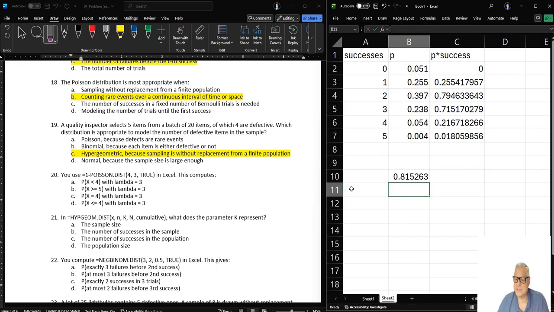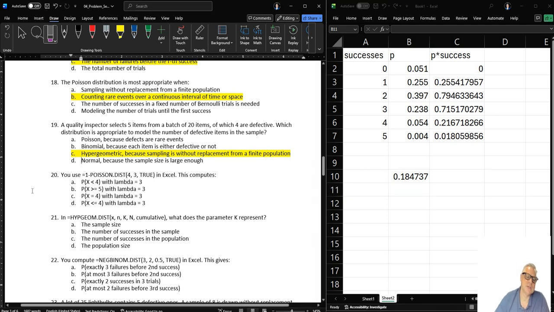So that gives us the probability that there's an 81% probability that we either observe 0 or 1 or 2 or 3 or 4 of these rare events when the mean is 3. So that means 1 minus Poisson, which is the 18 point something percent, but that's the probability that we observe 5, 6 or 7. So that means B is the correct answer.